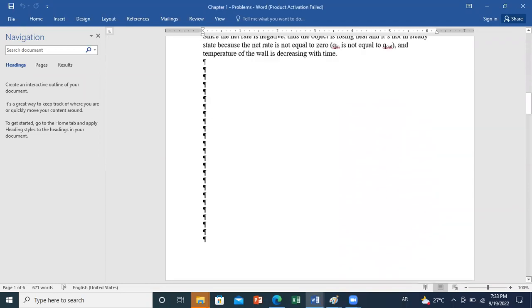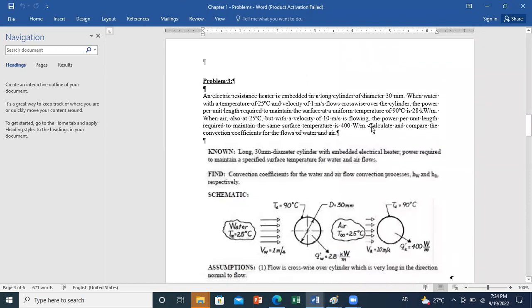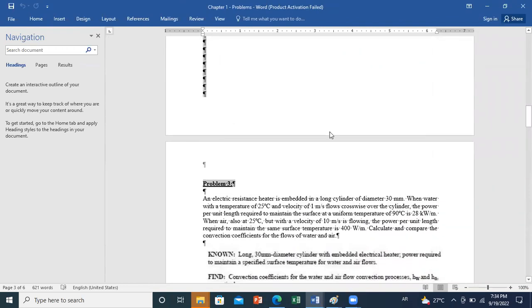Let us move now to another problem. An electric resistance heater is embedded in a long cylinder of diameter 30 millimeters. When water with a temperature of 25 degrees and velocity of 1 meter per second flows crosswise over the cylinder, the power per unit length required to maintain the surface at a uniform temperature of 90 degrees is 28 kilowatt per meter.